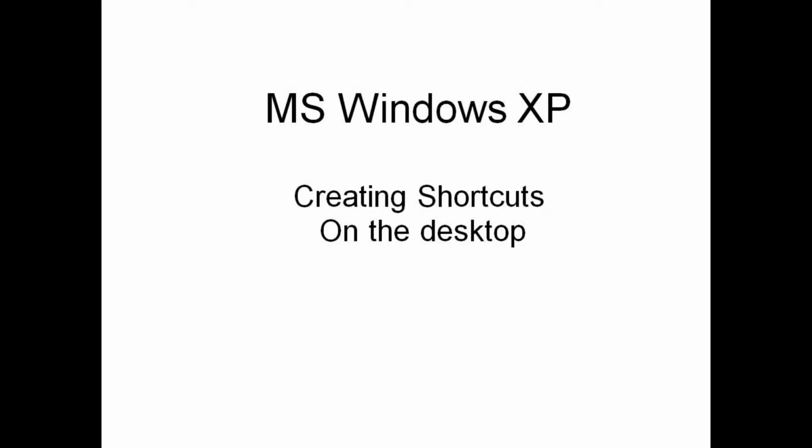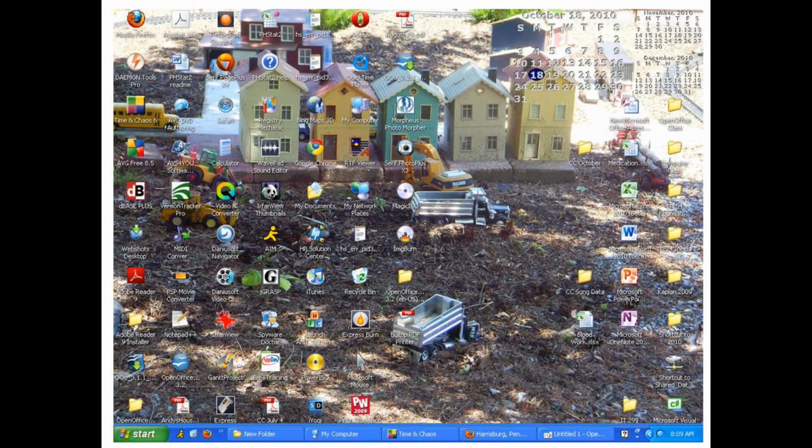Taking a look at the desktop of one of my computers, take notice there are a lot of programs installed on it. Actually, there are no programs stored on the desktop. These are all shortcuts to activate programs that are stored somewhere on the computer in a folder of their own.